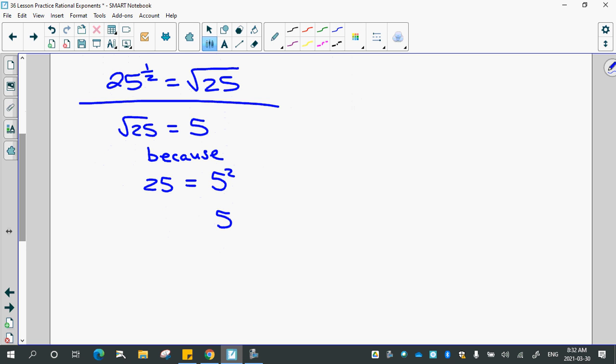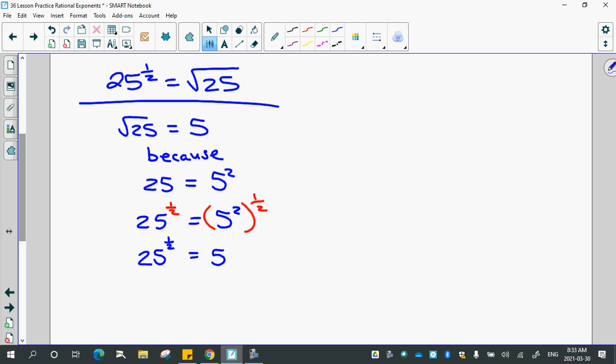Now, let's raise each side of an equation to the exponent 1/2, because we're allowed to do the same thing to both sides. Which would mean that 25 to the power of 1/2 is the same as 5 to the power of, so what do we do when we have a power to an exponent?